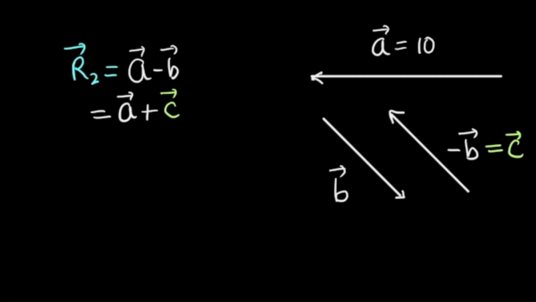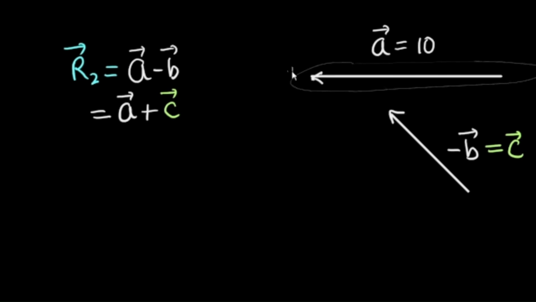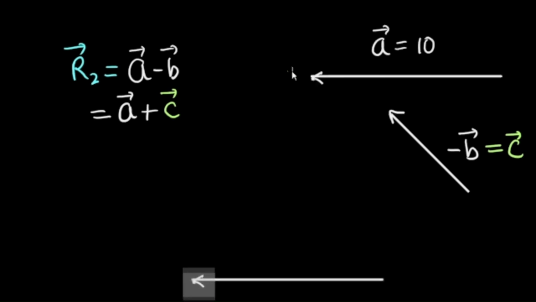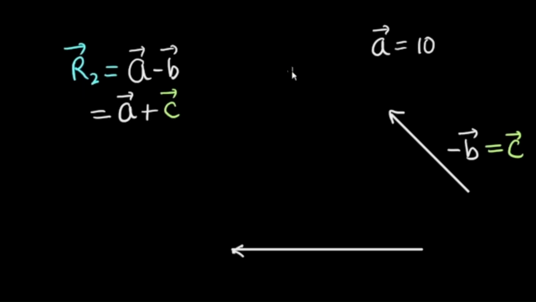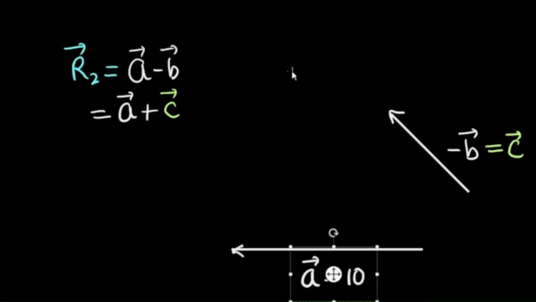Very simple. We want to put A and vector C head to tail. This is our vector A. I brought it down. Maybe a little too far down. All right. Bring vector A here. Now we want to add vector C to vector A, head to tail.